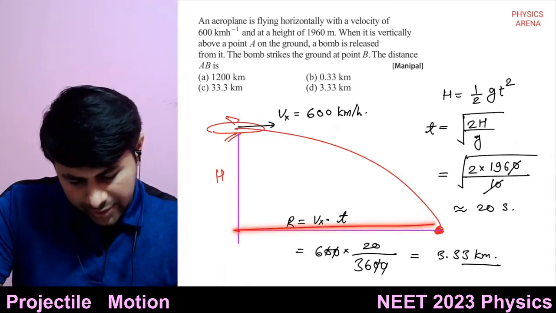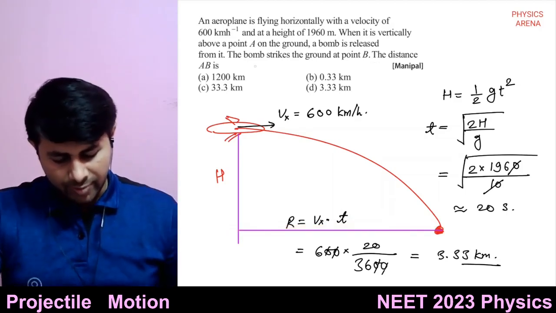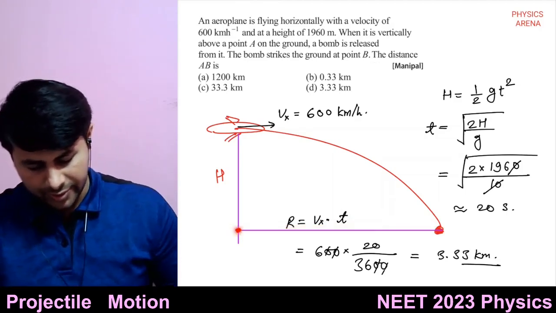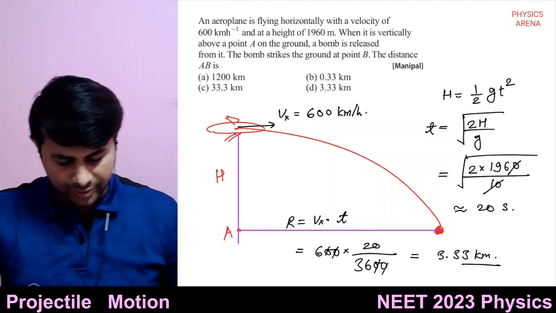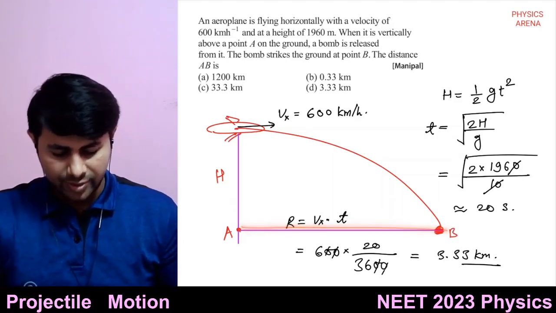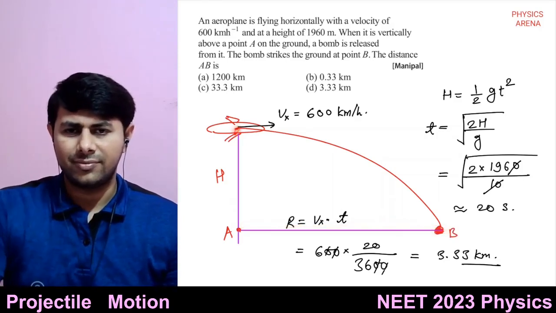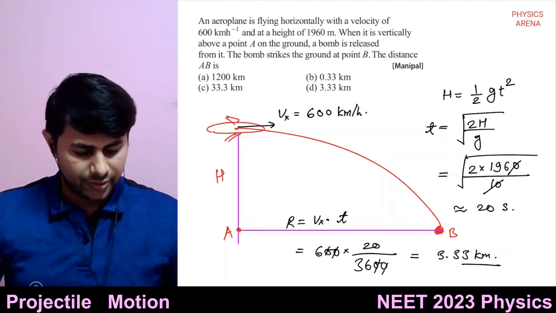So the bomb strikes the ground at point B. This is above the point A. So this is your point A, and this is point B. So this is the answer, 3.33. Is this clear? Okay, good.